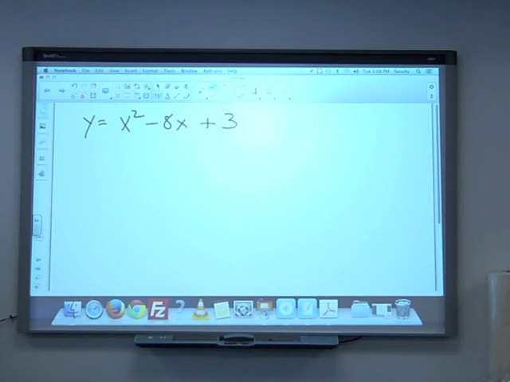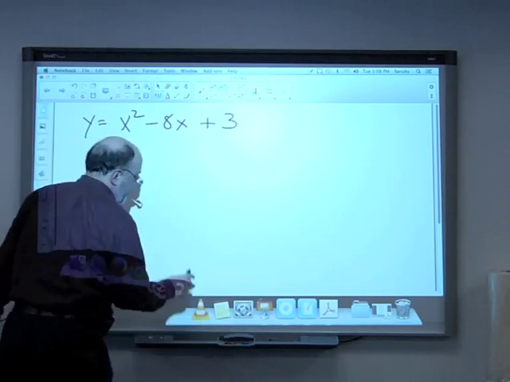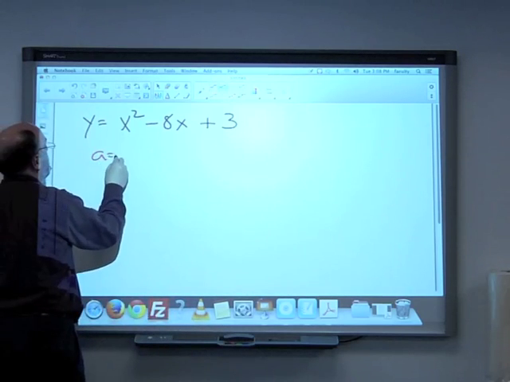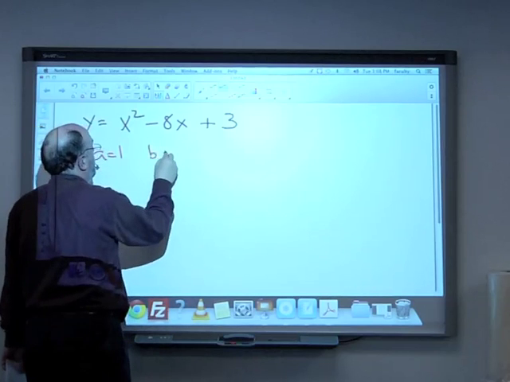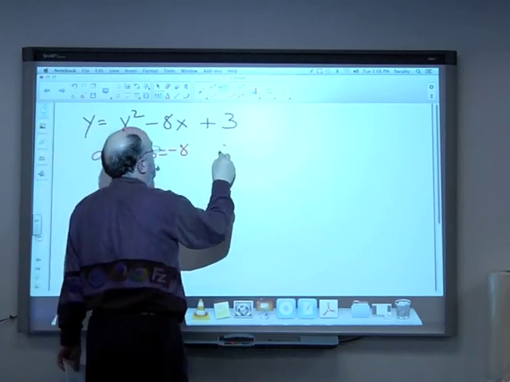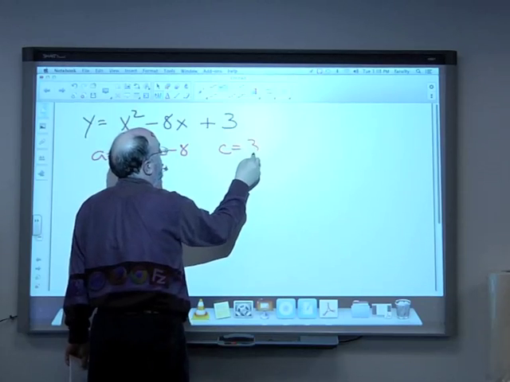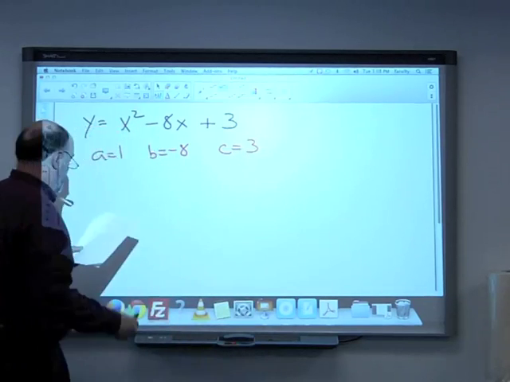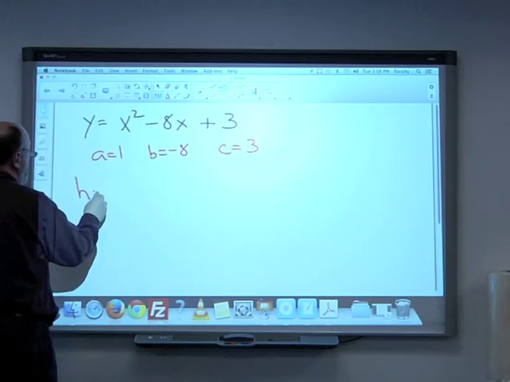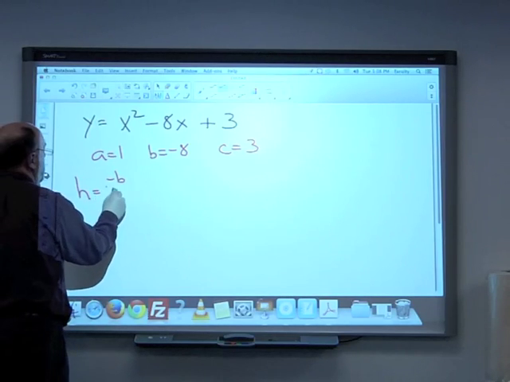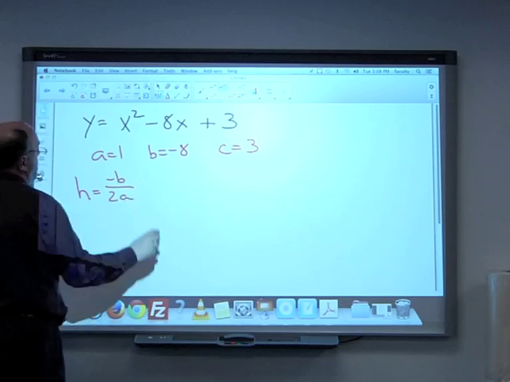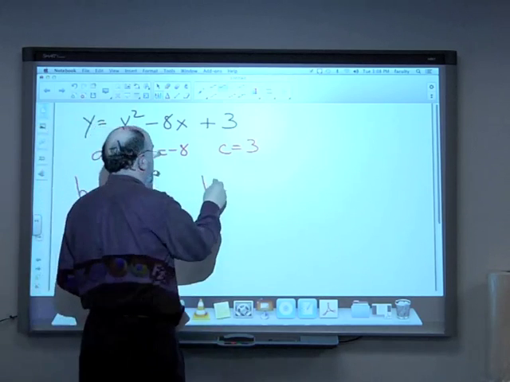We need to find A, B, and C. That's all we need to work on. From there, we can get the h and the k. So once we find the A, B, and C, then we can throw it into that formula for the h and k.